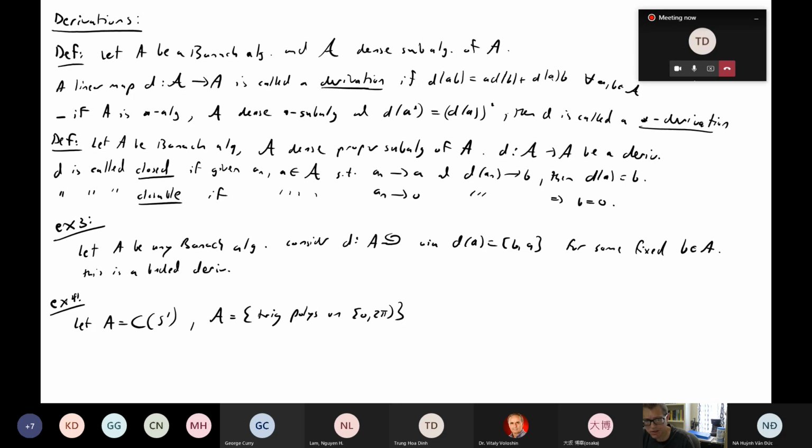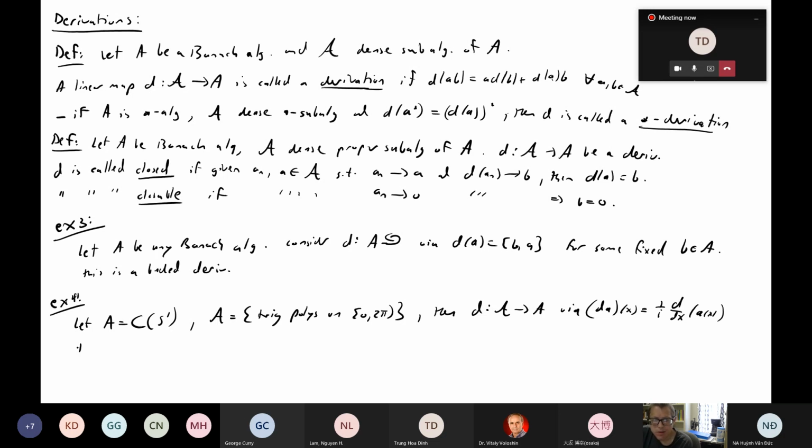So again, I'm viewing the elements on the circle as e^{ix}, and x is going to go from 0 to 2 pi. Then I'm going to define a D taking script A to A via D on A, evaluated at x, is going to be 1 over i, d/dx of A of x.